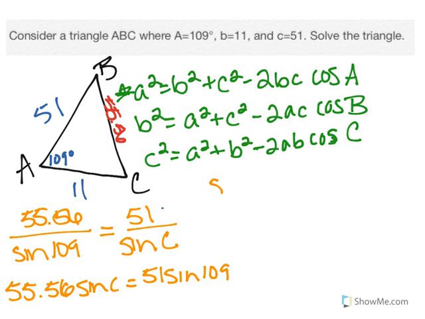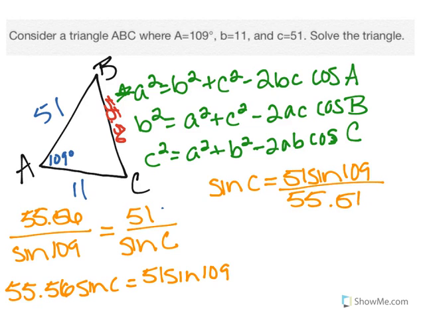So now the sine of C equals 51 times the sine of 109 over 55.56. So plugging this into a calculator, we get approximately 0.868.